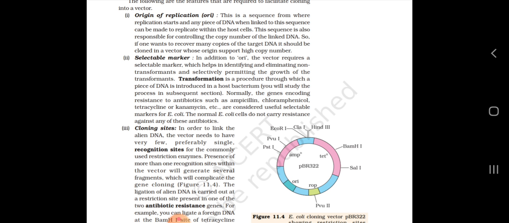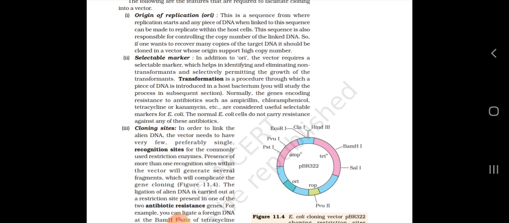Now, when you insert the DNA, there might be many cells in a medium in which the desired gene might not have been inserted. It is a natural process. So, it helps to differentiate between the desired gene containing DNA and the normal DNA.